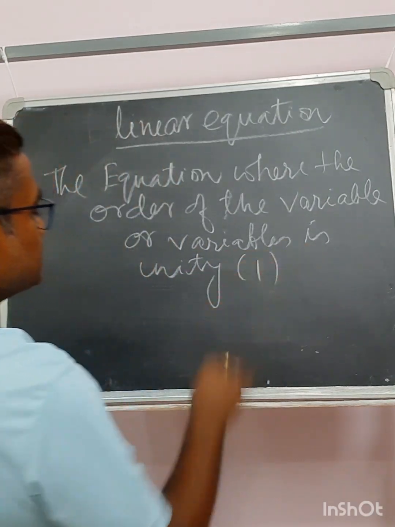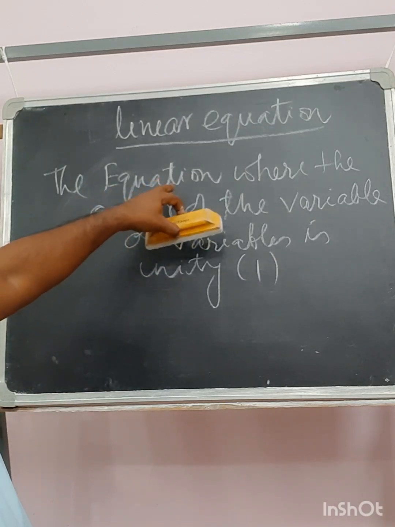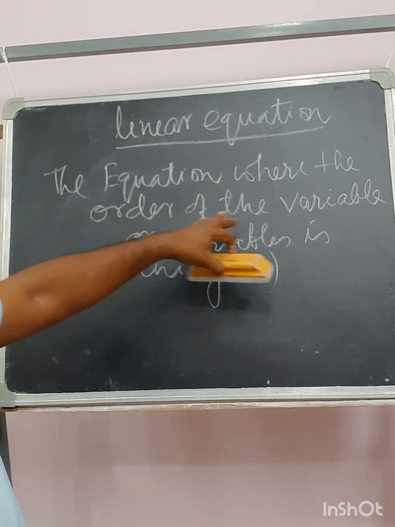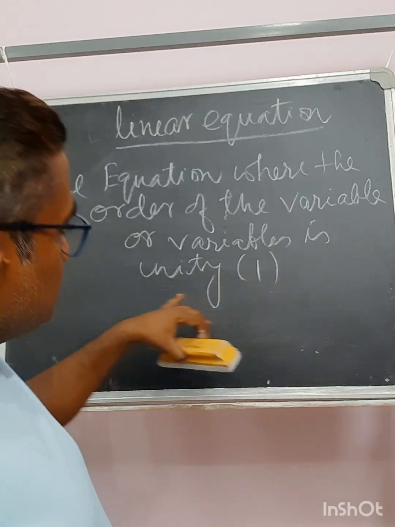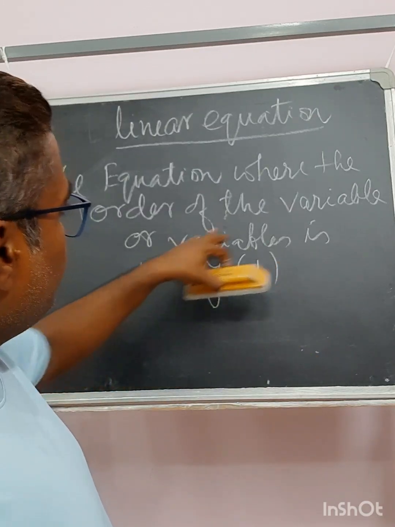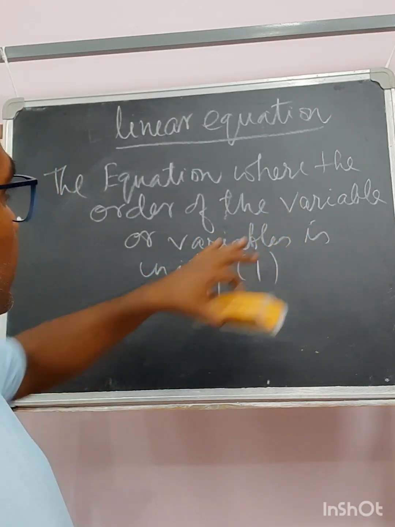In simple words, you can say 1. So in an equation where the order of the variable or variables is unity. Why I am saying variable or variables, that I will explain.